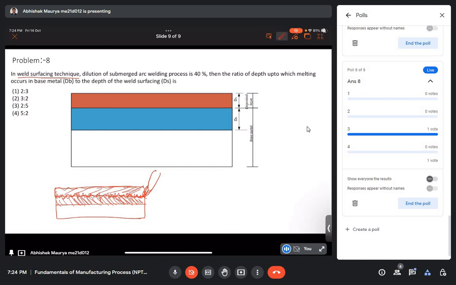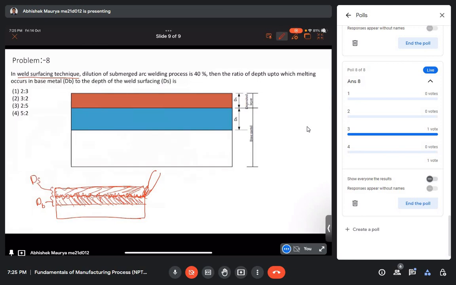So some thickness of parent material gets melted, that we call db, the depth of the base material which is melted, and we have deposited some layer of our target material, the material which is to be deposited on the base material, that we call ds.